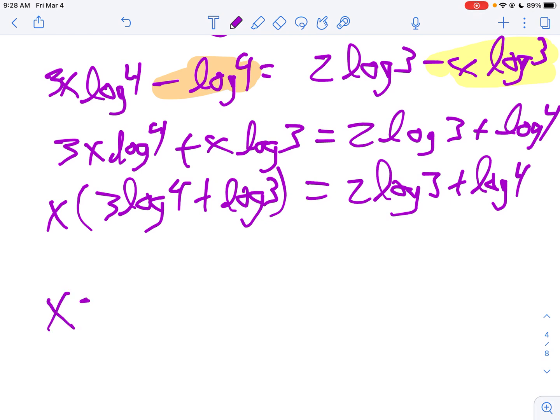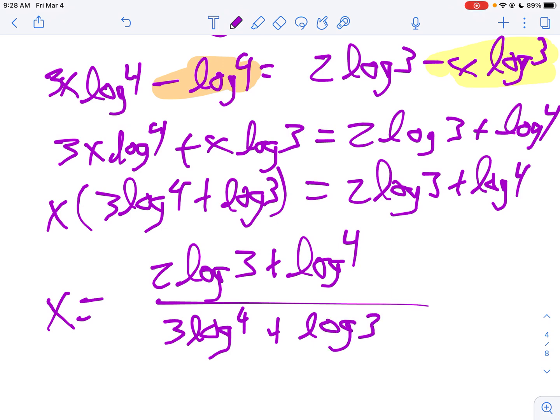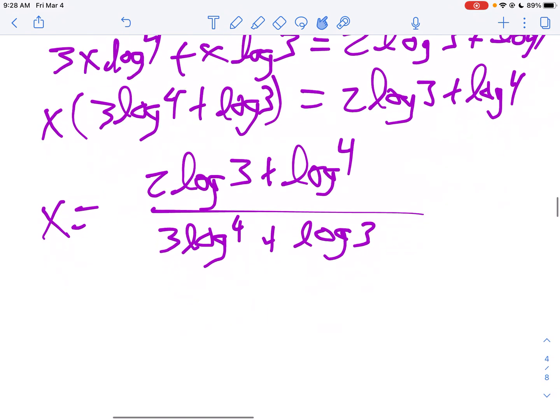So x equals 2 log 3 plus the log of 4 divided by 3 log 4 plus the log of 3. There's your exact answer. And then we can use our calculator to do the approximate.